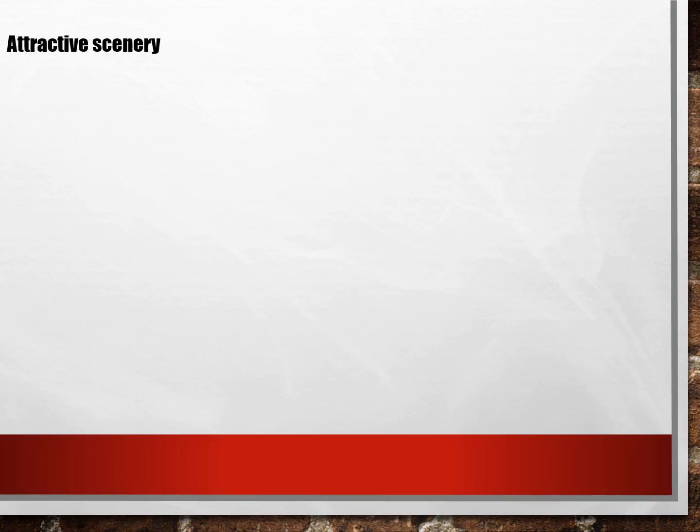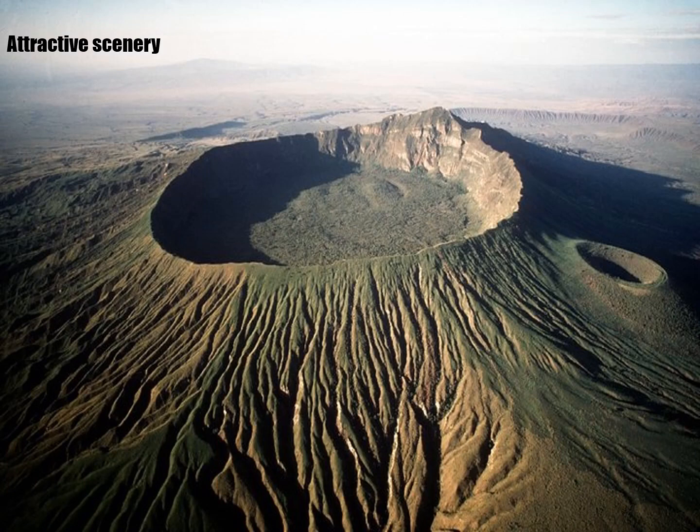We have many attractive sceneries that I mentioned earlier. We have the Rift Valley, a great spectacle in this country. We have numerous lakes: Lake Naivasha, Lake Victoria, Lake Nakuru, Bogoria. We have hot springs, we have mountains, we have all manner of beautiful sceneries in this country. That's Longonot. What a beauty.